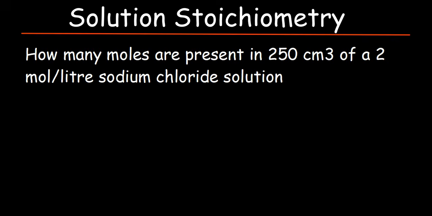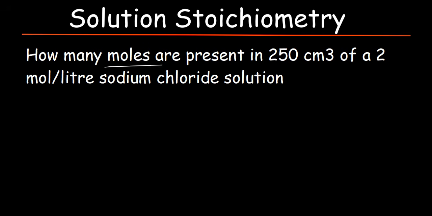We're asked how many moles are present in 250 cubic centimeters of a 2 mole per liter sodium chloride solution. So we're trying to find how many moles are present in that 250 cubic centimeters. First we have to convert our volume to liters, and that is very important.